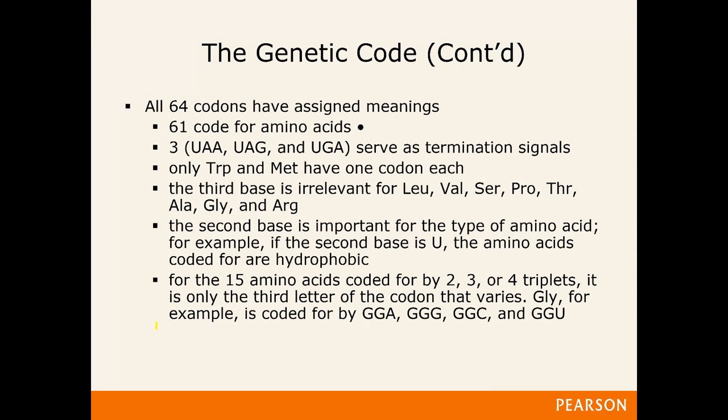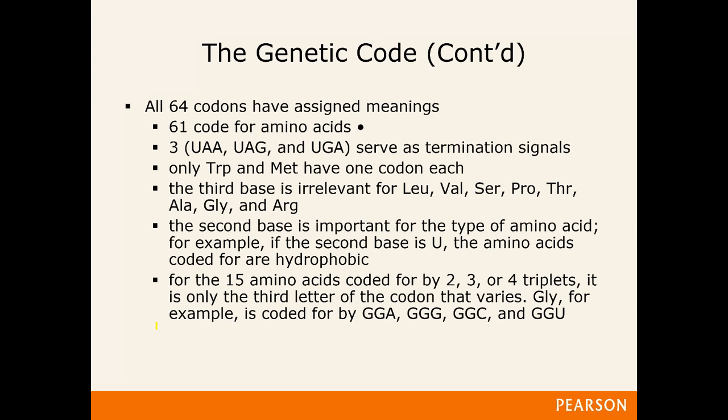All right, lastly, in summary, all 64 codons have assigned meanings. 61 of them code for amino acids. There's 3 that serve just to stop the process. Some, like methionine, have only 1 codon each. The third base is not relevant for some of them, as I highlighted earlier. The second base is important for the type of amino acid.